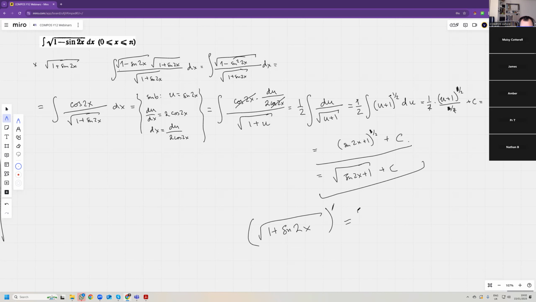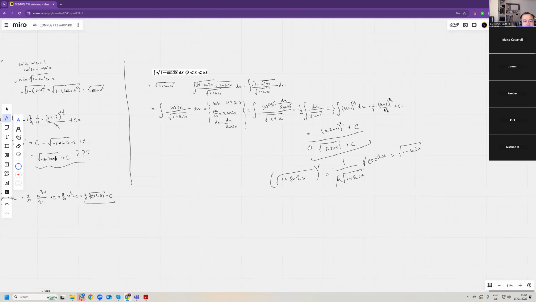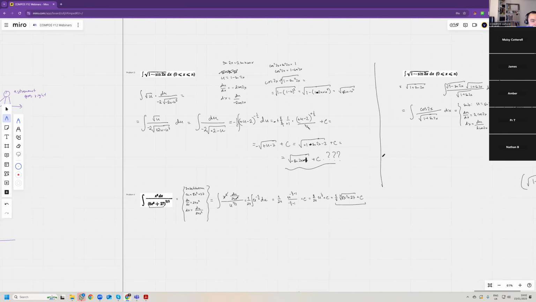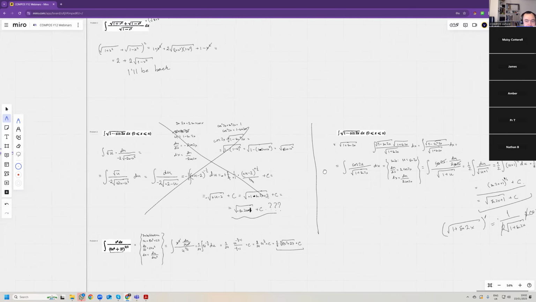It's going to be 1 over 2 square root of 1 plus sine 2x multiplied by cos 2x times 2, the 2 cancels. And we indeed see that this equals the square root of 1 minus sine 2x. Okay, that is very clever. So this is the solution, and a good one for that.